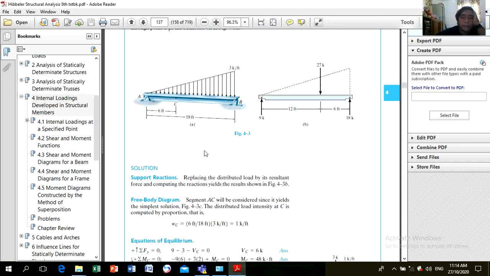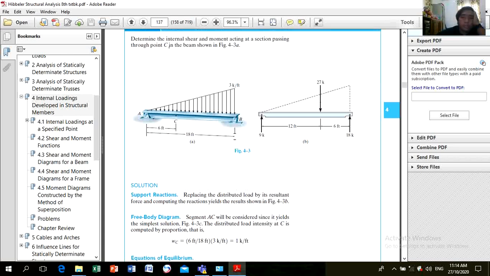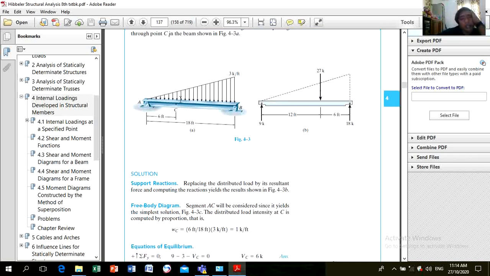Here you can determine either the reaction at A or the reaction at B. A is a pin support, B is a roller. Since we want to determine the internal shear and internal moment at point C, I think it is ideal to cut here and consider this section.